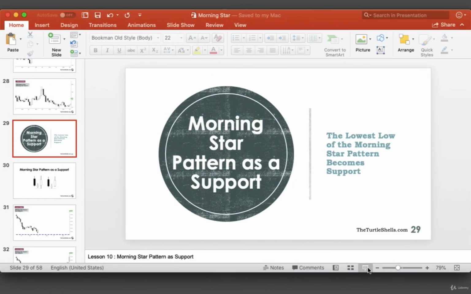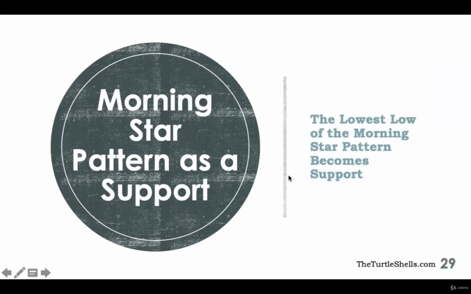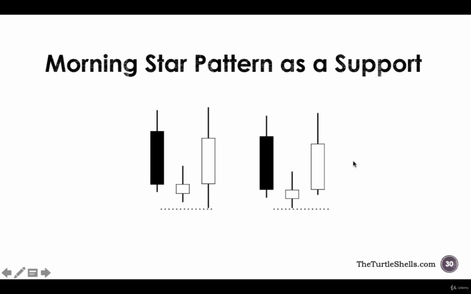Alright, just like the hammer, the piercing pattern and the bullish engulfing pattern become support, even for the Morning Star, the lowest low of the 3 candles becomes support. So the lowest low of the Morning Star pattern becomes support. Similar concept we apply to the Morning Star here as we did for the hammer, the bullish engulfing pattern and the piercing pattern.